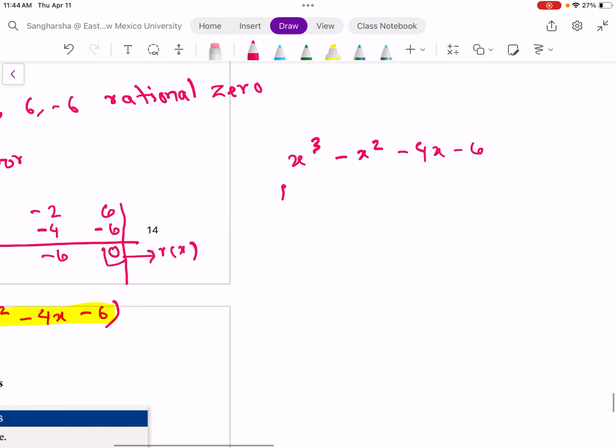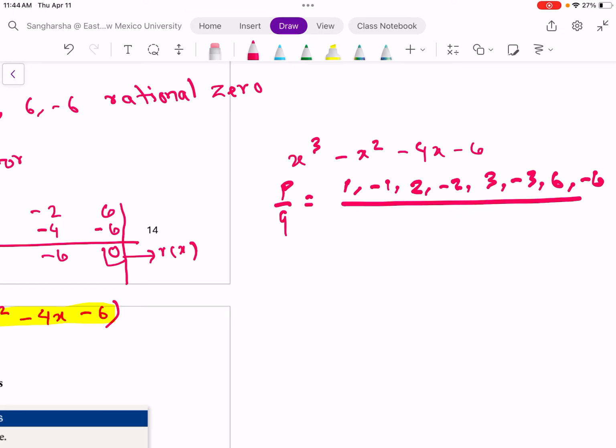Let's find the rational 0, p over q. P is 6. Factors of 6 are +1, -1, +2, -2, +3, -3, +6, -6. And q is a factor of the coefficient of the leading term. x cube is the leading term. So 1 and -1 are the factors.